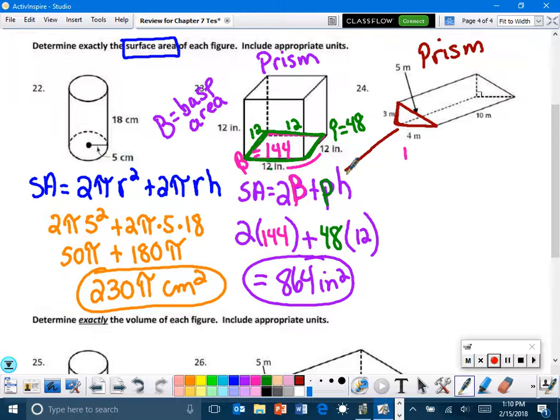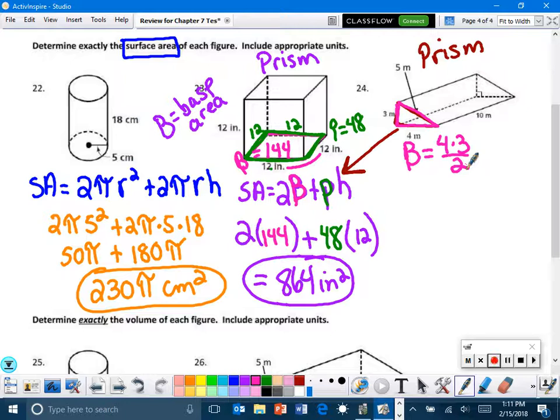Here, let me point back to it. So we're going to use that same formula. But in this case, the big B is going to be the triangle. And remember, the triangle is the base times the height divided by 2.